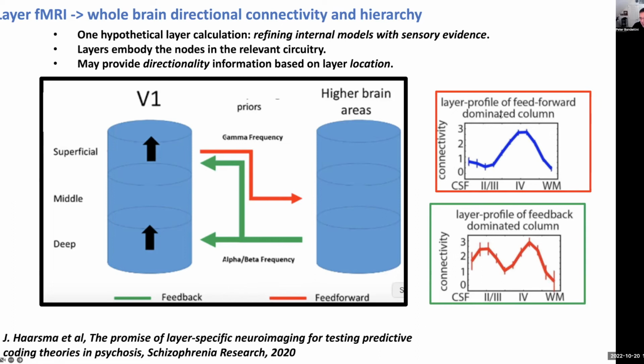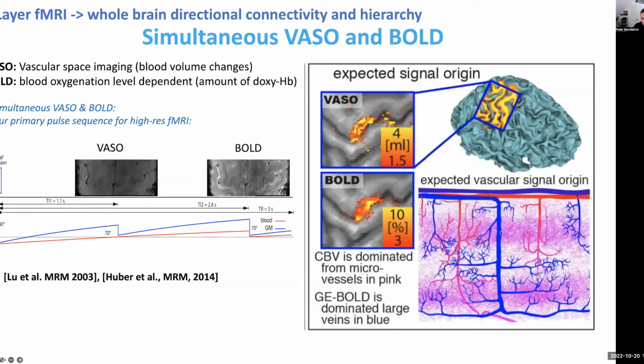And these are the canonical shapes of connectivity profiles that we found. And I'm not going to go into the pulse sequence. Basically, the primary sequence that we use is called VASO, and that selectively images blood volume, which we were surprised by.